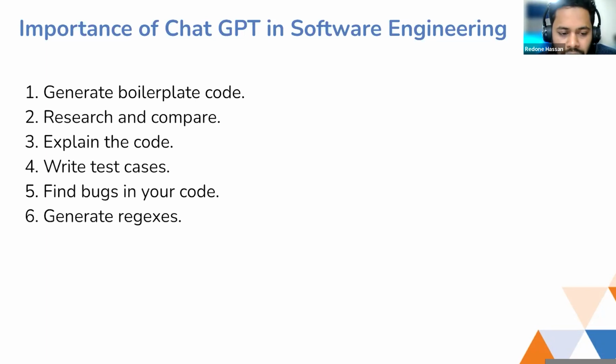Generate regexes. As a developer, when we are working on authentication or some security aspects in our project, we can use so many regexes that we can find on a particular website or something like that. But not all the regexes or the patterns of these regexes are proper for our project.